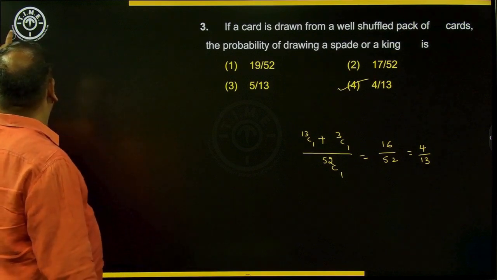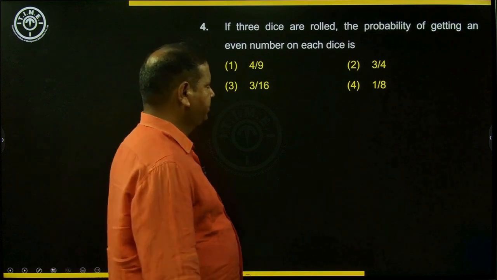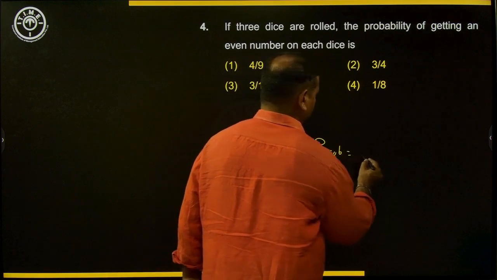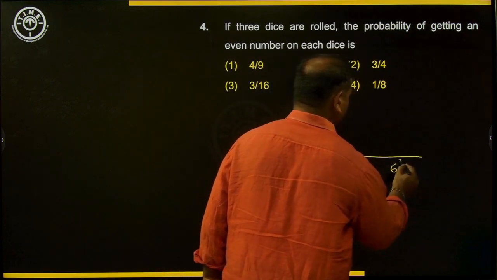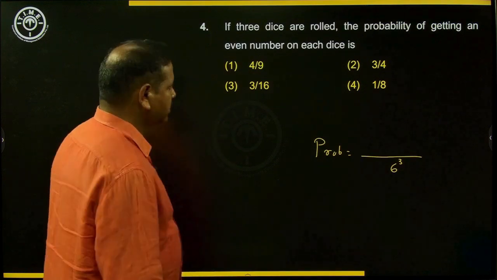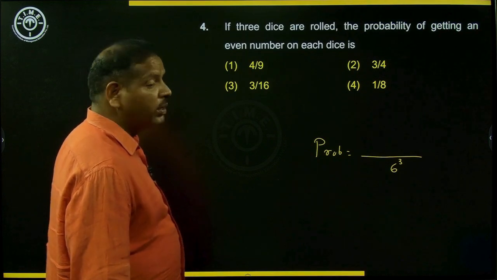Then the next question, when 3 dice are rolled, what is the denominator? 6 cube. On each die, 6, 6, 6. The probability of getting an even number on each die.